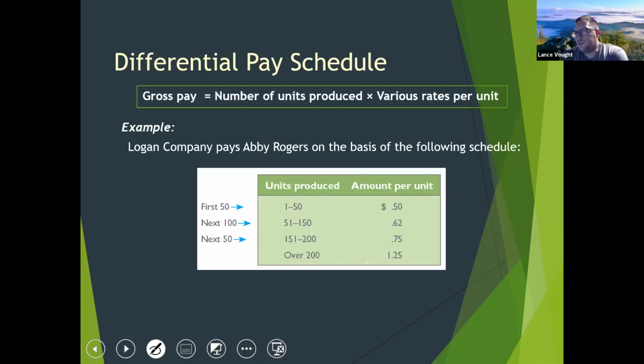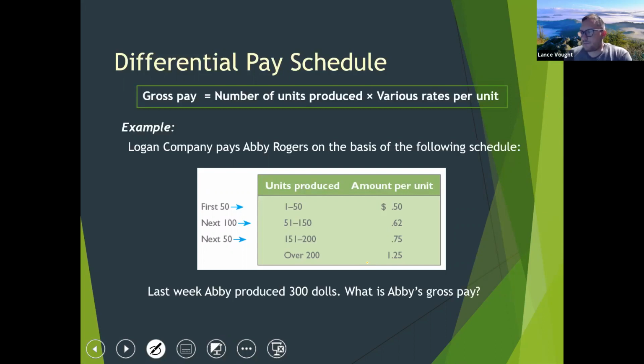So here's a different example. Abby Rogers is, instead of Ryan, where Ryan was paid basically per unit, and it was the same price for every single unit.